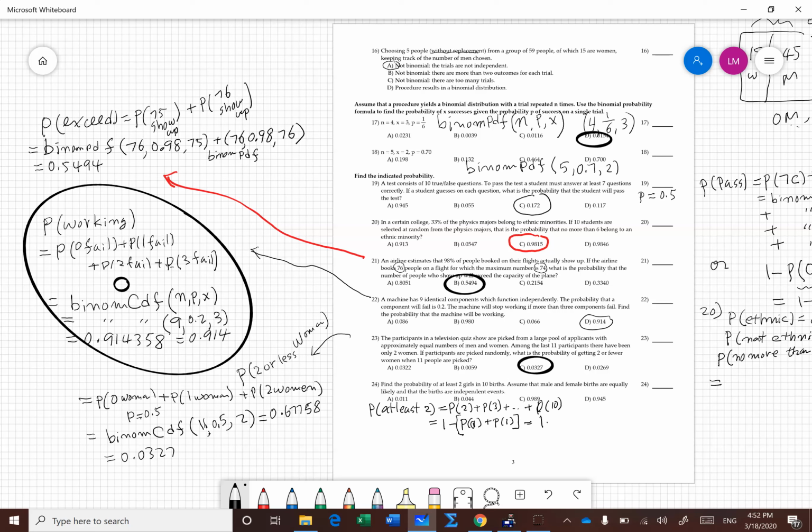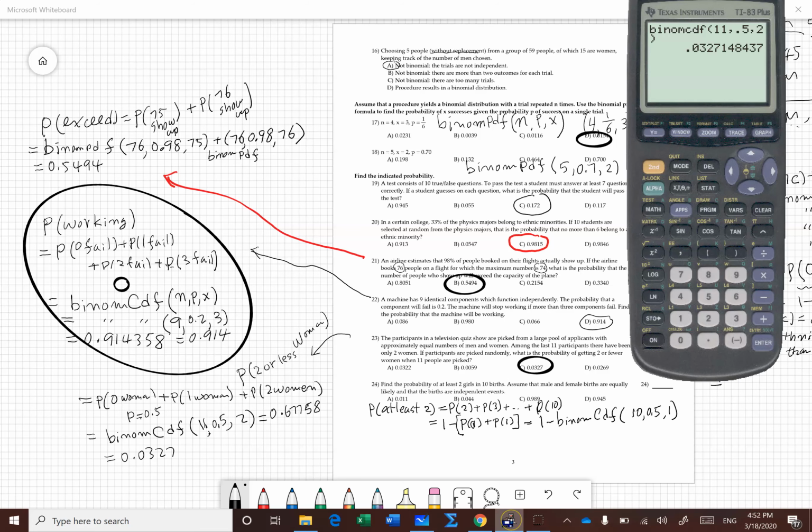That is 1 minus binom CDF, what is it? N, p, x. So 10 births, probability of 0.5, just 1, because it goes up to 1. Okay, so showing the calculator.